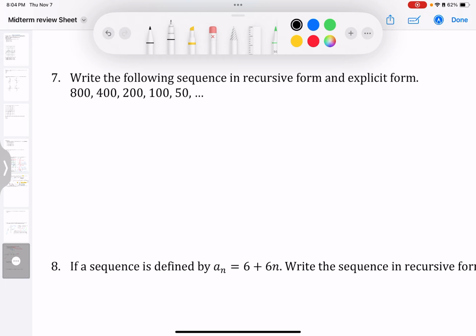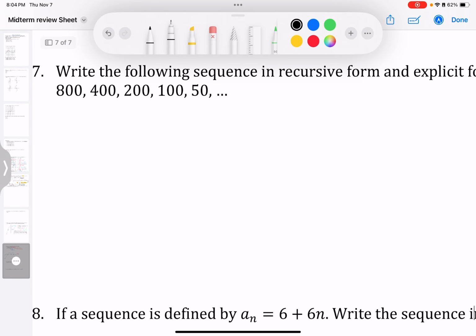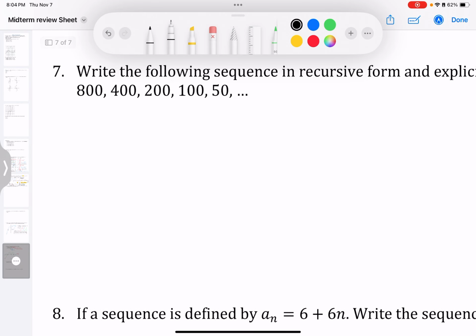800, 400, 200, 100, 50. If you notice, the next number is half of the previous number. 800 divided by 2 is 400. 400 divided by 2 is 200. 200 divided by 2 is 100. 100 divided by 2 is 50.